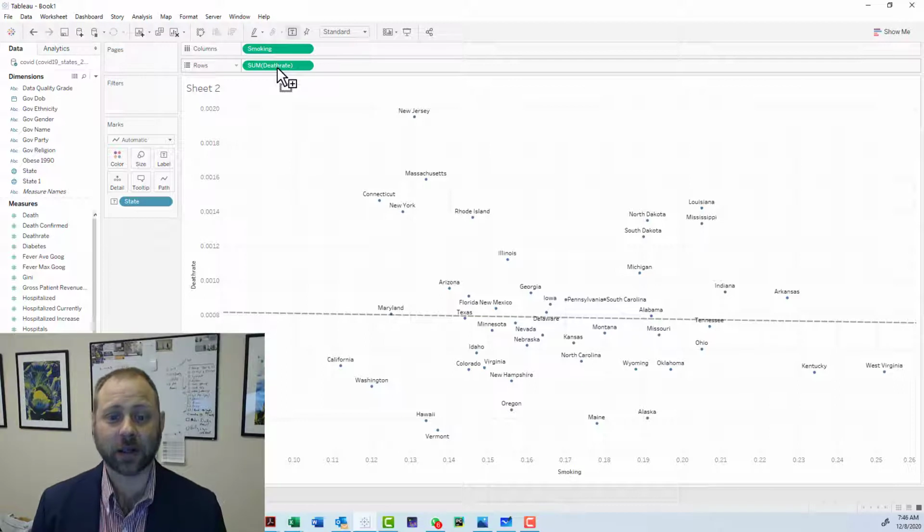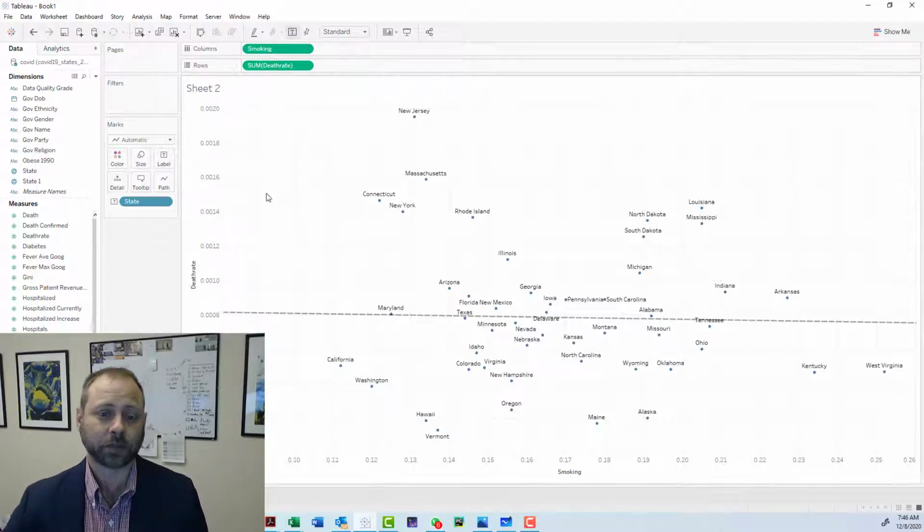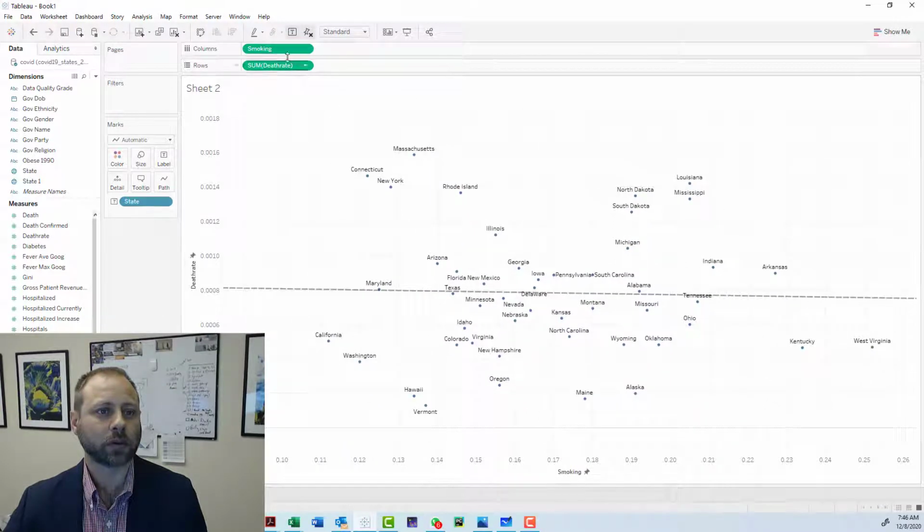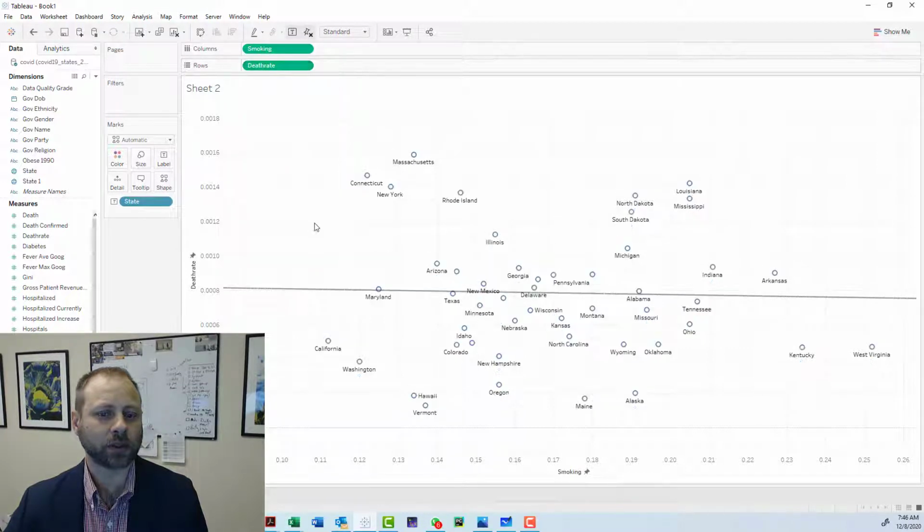Smoking is the exact opposite of what we would expect. But let's take this New Jersey, Massachusetts, Connecticut, New York, and let's throw some of these out. Let me see what's the best way to do this. Whoops. How do I do this? Sum, I don't want sum, I want dimensions.